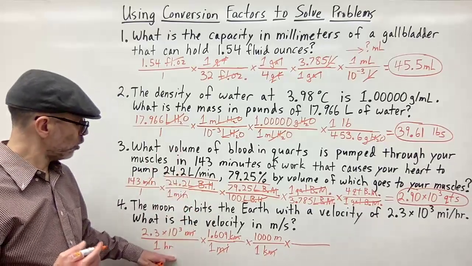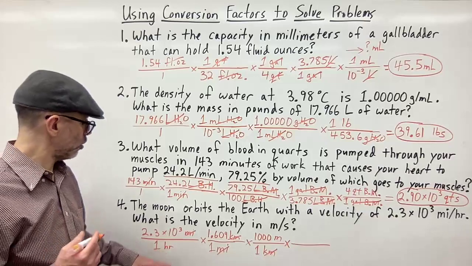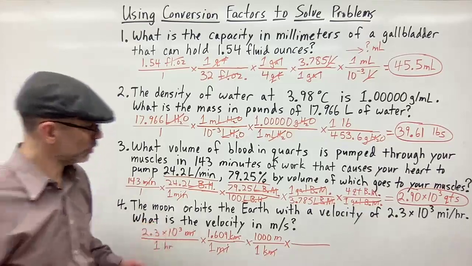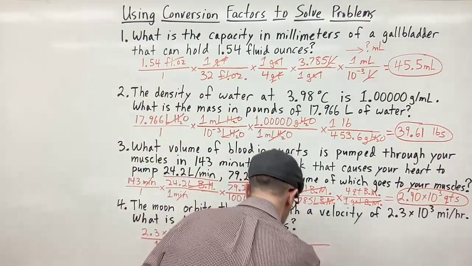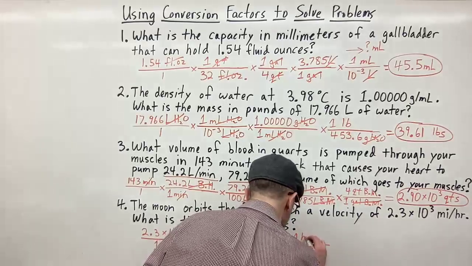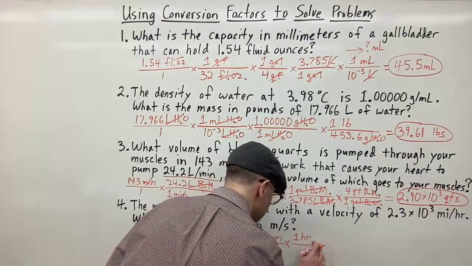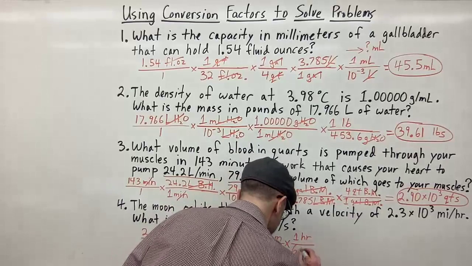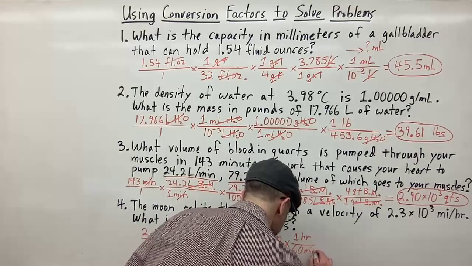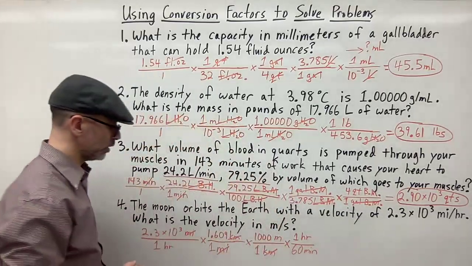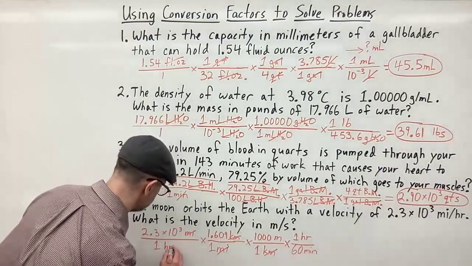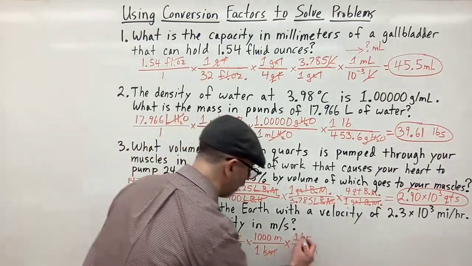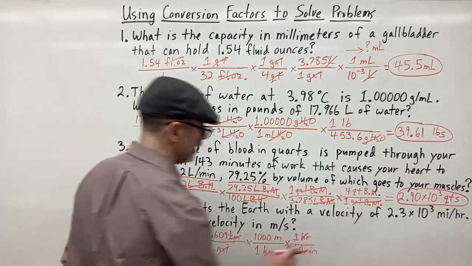I do know, most people know, if not everyone knows, that 1 hour is equal to 60 minutes. So I'm going to put 1 hour on top, and then 60 minutes on the bottom. So hours cancels out.